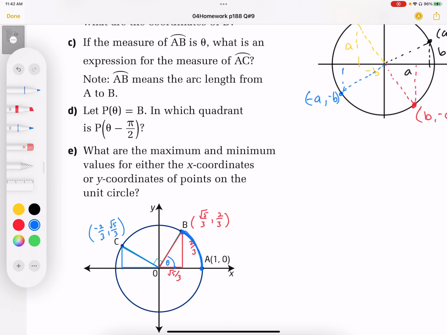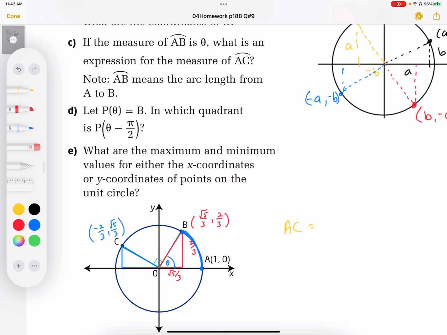And find the expression to measure the arc A to C. Well, the arc AC is equal to the original theta. Actually, I'll do that in blue.